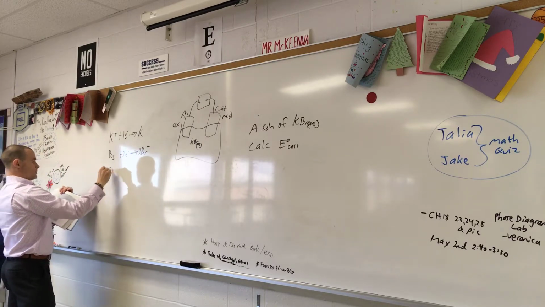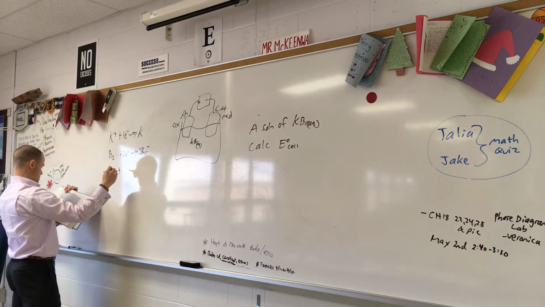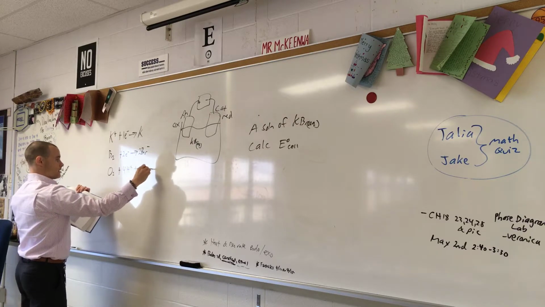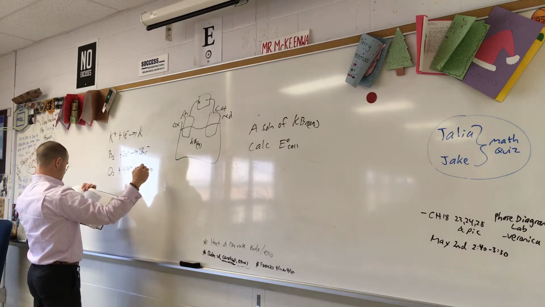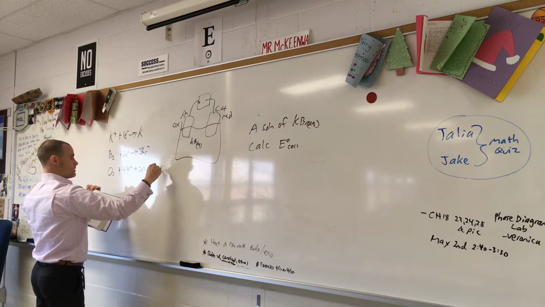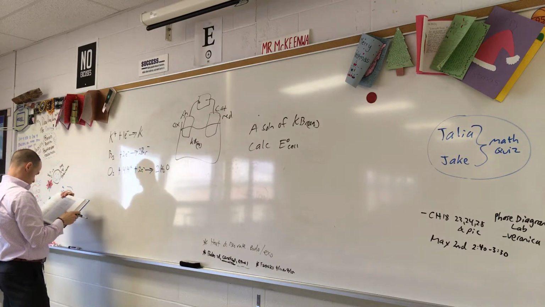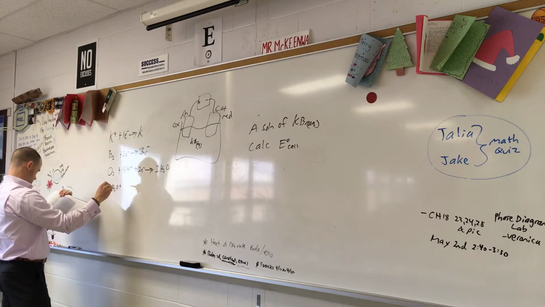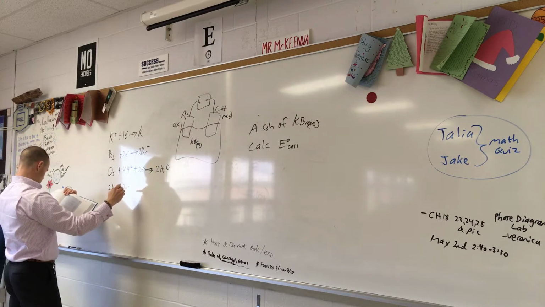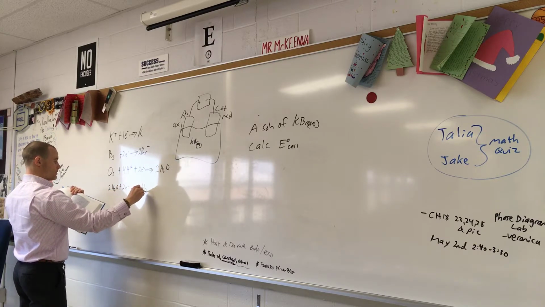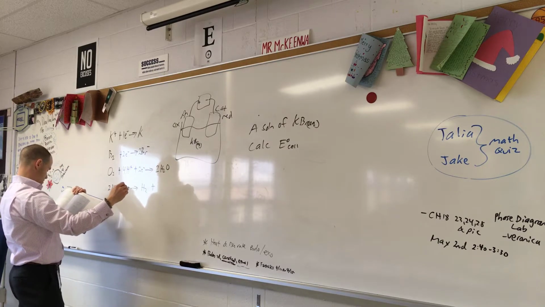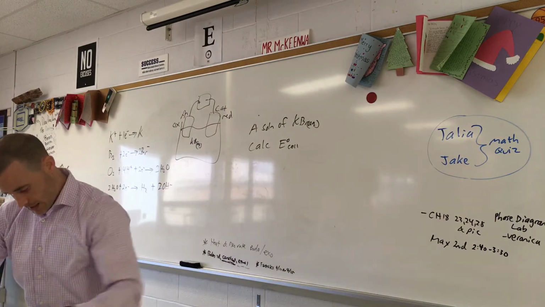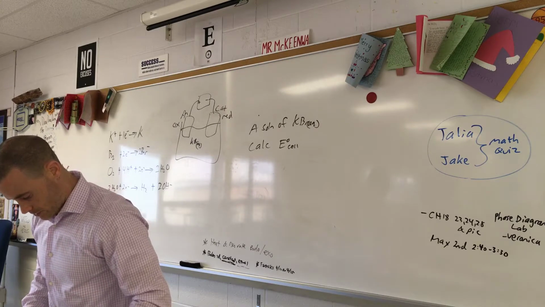Then they would give you this one, O2 plus 4H plus plus 4 electrons yields 2 H2O, and then the other one down there, 2 H2O plus 2 electrons yields H2 plus 2 OH minus. Yeah, okay, so there they go. I should probably fix that in my notes.